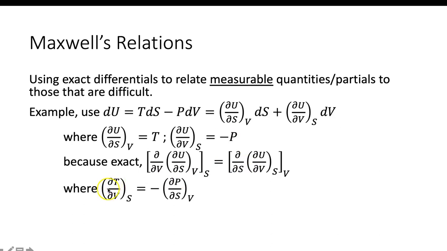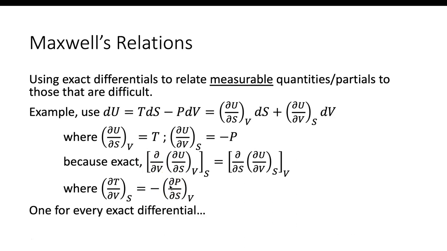We can relate the change in temperature with the change in volume at constant entropy is equal to this partial derivative here. So we've related something that is somewhat measurable, although with the constant entropy, it's a little bit tricky to set up, to something that's a little bit more difficult to measure.